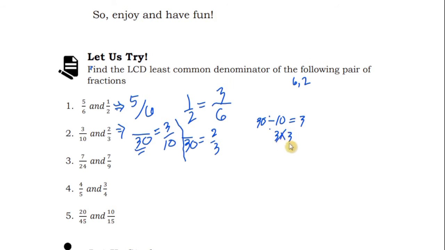Where do we get the 3 here? The value from our denominators, so the product now is 9. So here we have 9.